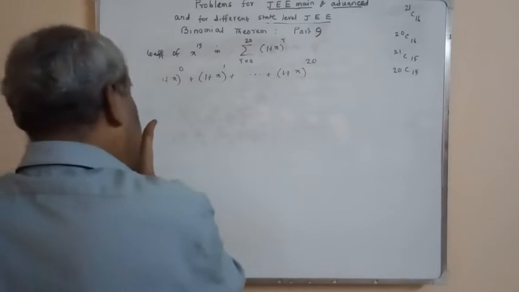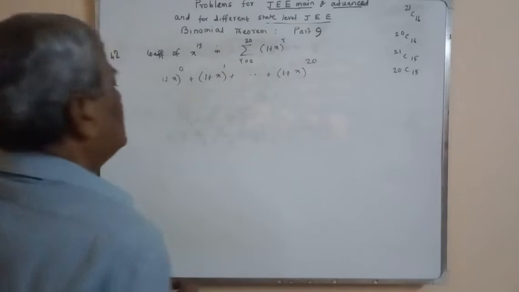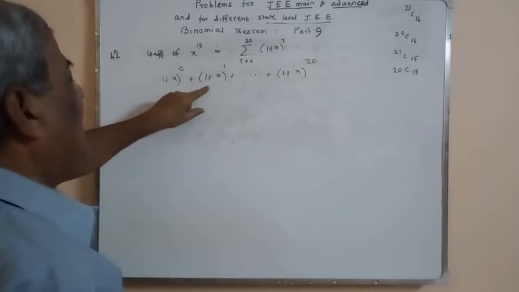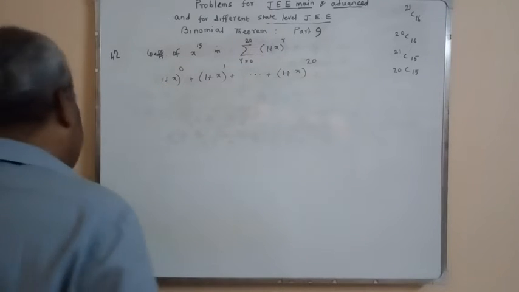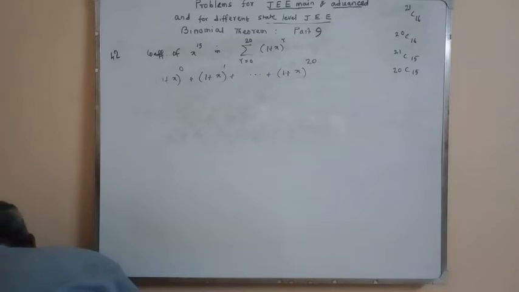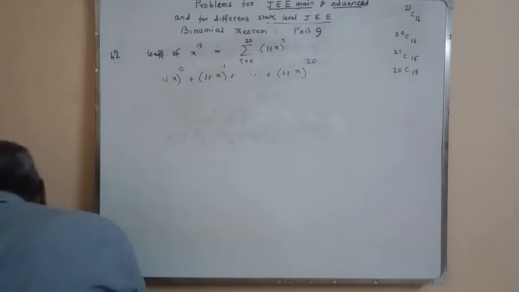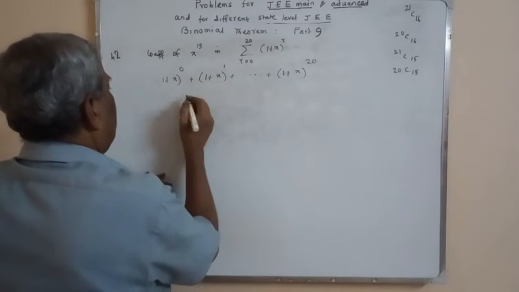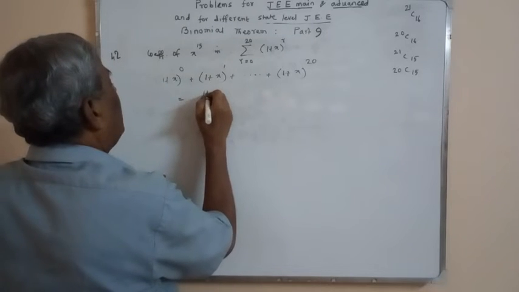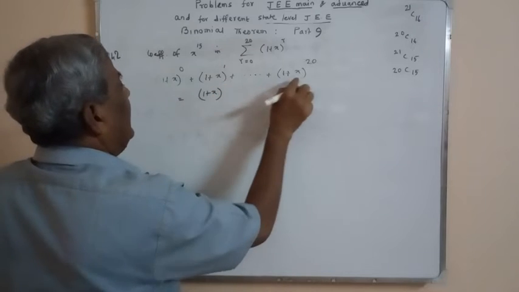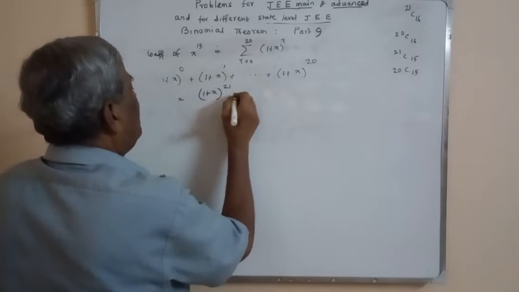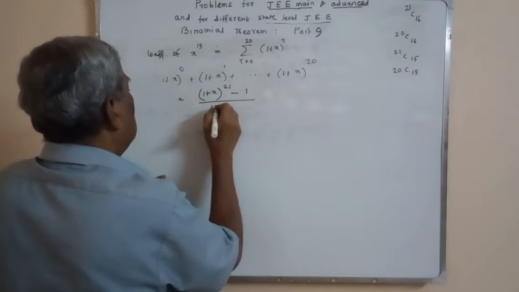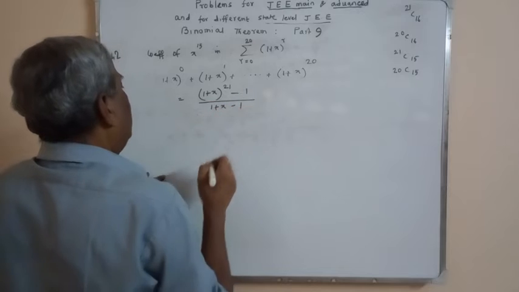Clearly, it is in GP. First term is 1 and common ratio is 1 plus x. Adding them, it will be (1 plus x) to the power of the next third term, 21, minus first term, divided by common ratio minus 1.